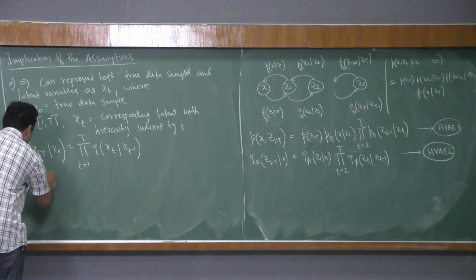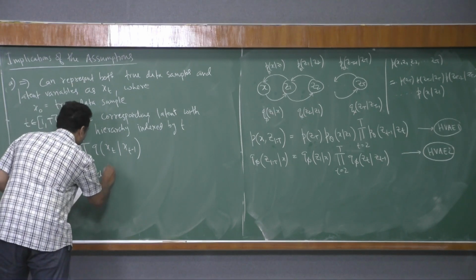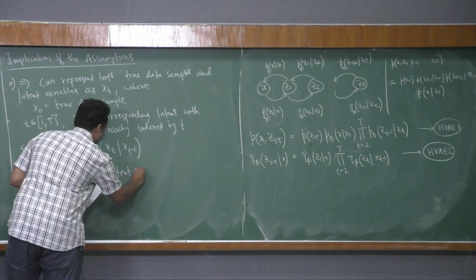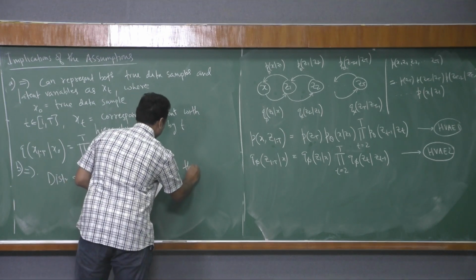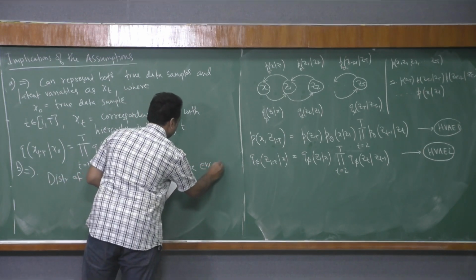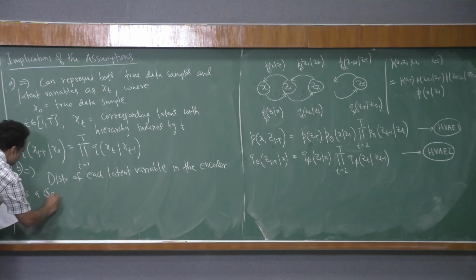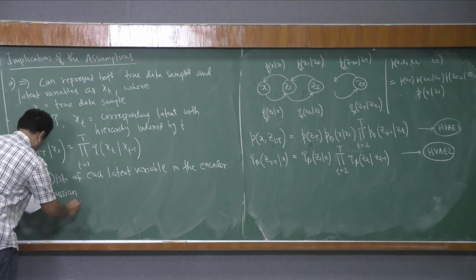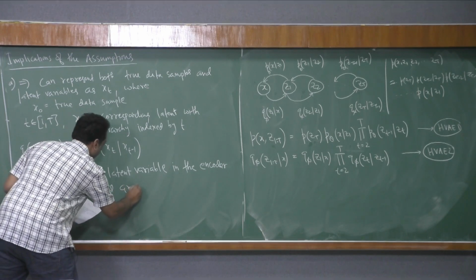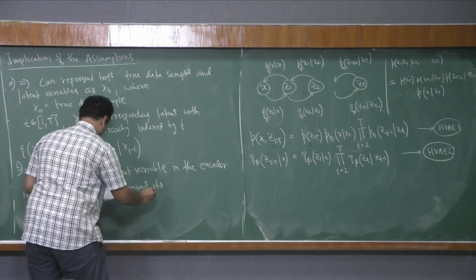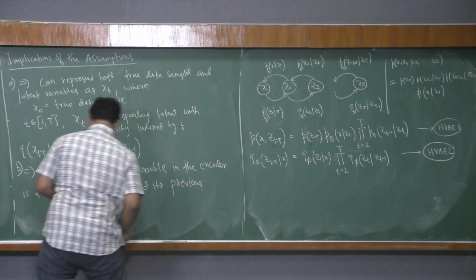In this case, the distribution of each latent variable in the encoder is a Gaussian centered around its previous hierarchical latent.